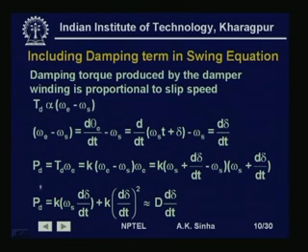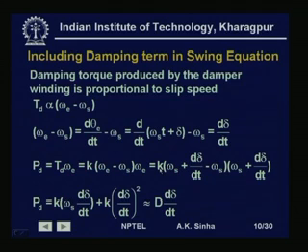Now, the damping power P d will be equal to T d into omega e, and T d we are saying is proportional to omega e minus omega s. So, we can write this as k times omega e minus omega s into omega e. This omega e is given here. So, P d is equal to k times omega e minus omega s into omega e.